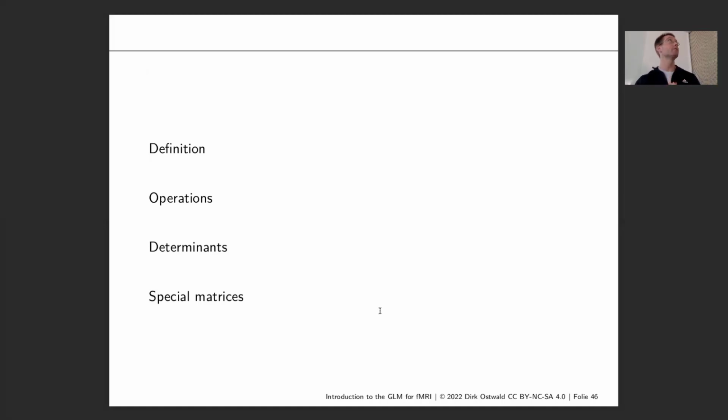The thing, of course, with foundations is that if you hear the foundations, you are like, yeah, that's nice, but why do I need it? And then one, and also myself, has a tendency to ignore it because it's not clear immediately where you need it. But then, and I can just tell you that, once you get to something that you are interested in, like the GLM for fMRI, the problem in understanding will come from the fact that you didn't quite, or I didn't quite, appreciate or didn't quite get the foundations.